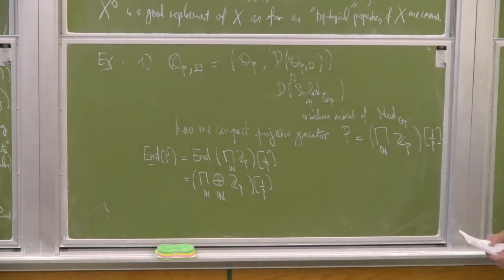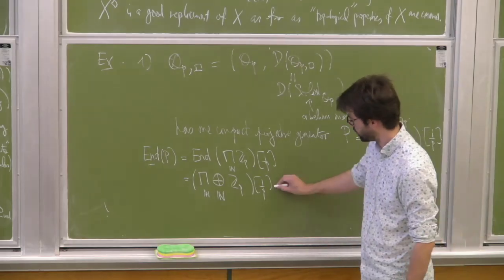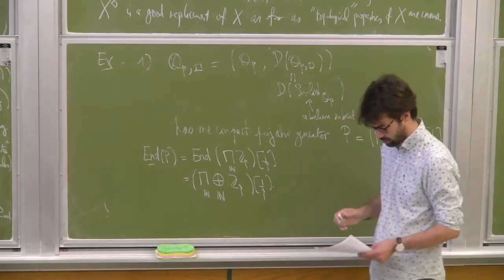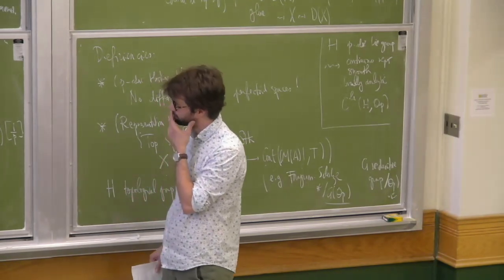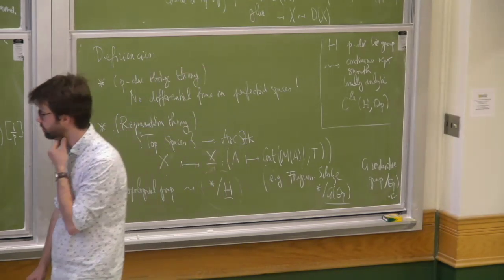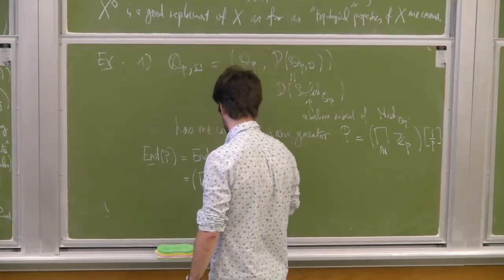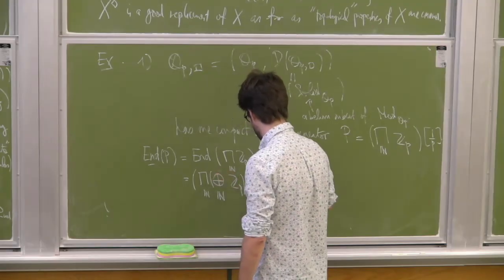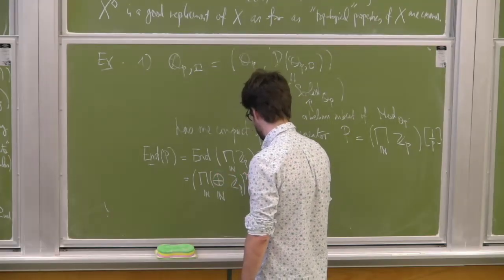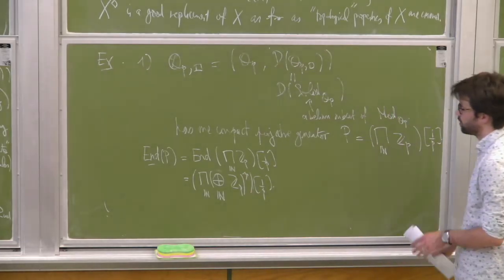I think you tried to say something. Can you repeat what you said? Well, I was going to say, if you want some sort of p-complete derived category. Oh, yes. I would just say that in this case you can think of it as an ordinary topological module. So you have the product topology on the product of Z_p's, and then the colimit topology.